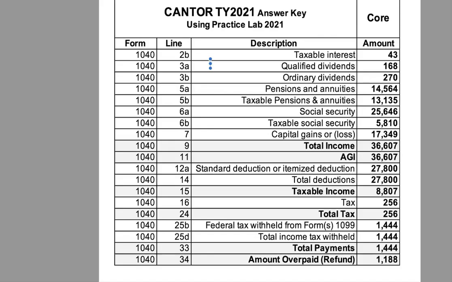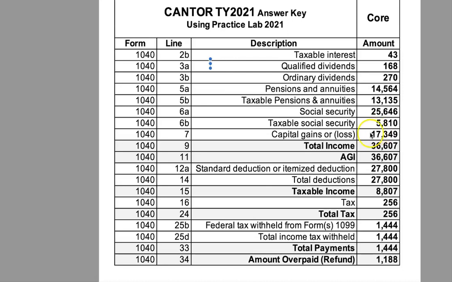There are two things that are of interest. One is that Social Security has now become partly taxable. $5,810 of the $25,000 is taxable compared to none on the 2020 tax return.